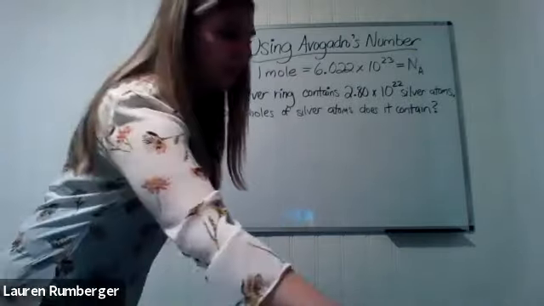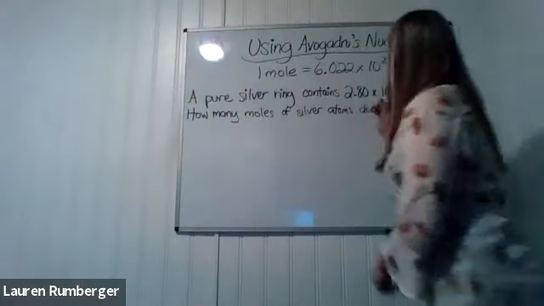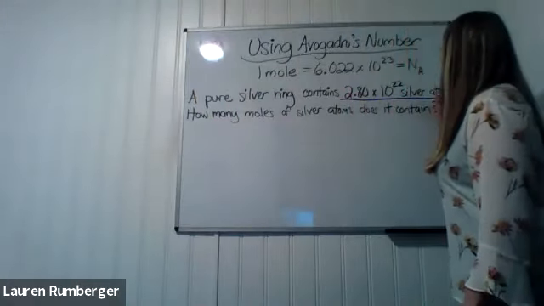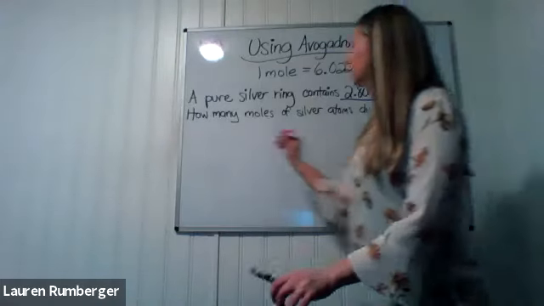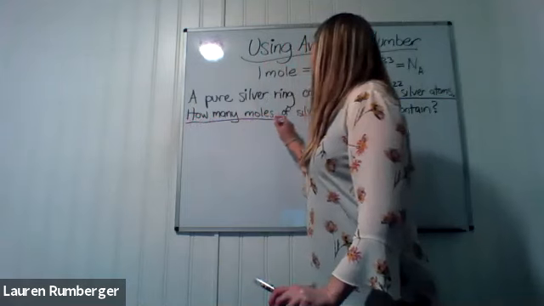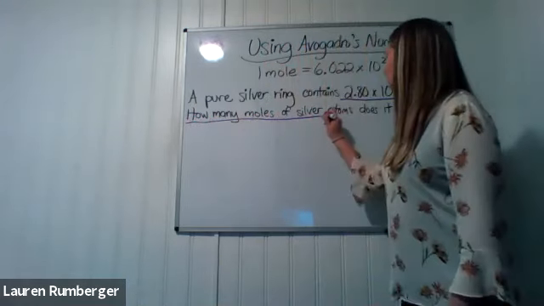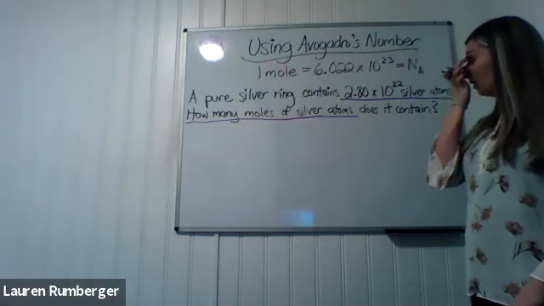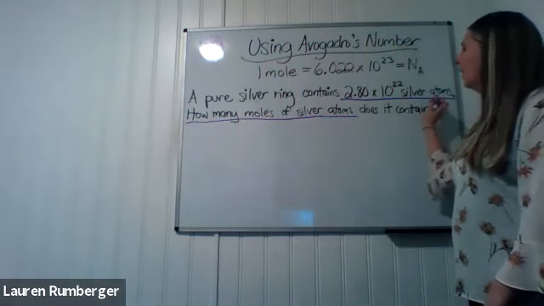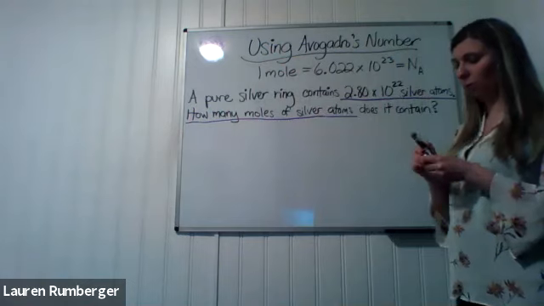Because our given value here is the number of silver atoms. Our question is asking us how many moles of silver atoms does it contain? So we want to convert the atoms into moles.